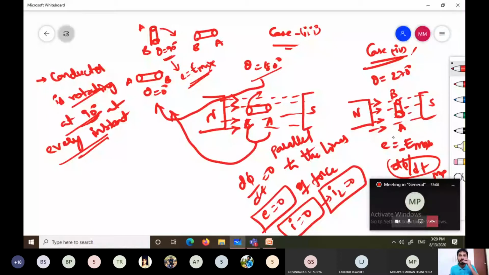EMF will also be maximum, but we are considering the 0 degrees position. If you consider the 0 degrees position, θ equals 90 gives a positive E maximum, which is opposite to the 270 degrees position, so that is indicated as a negative E maximum. Have you understood or not?